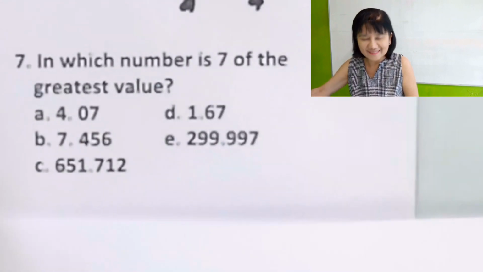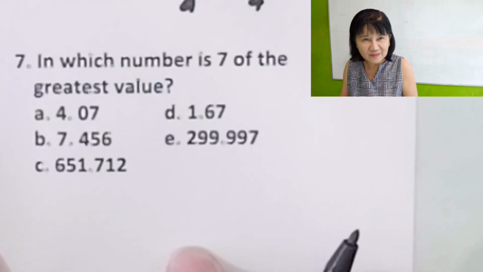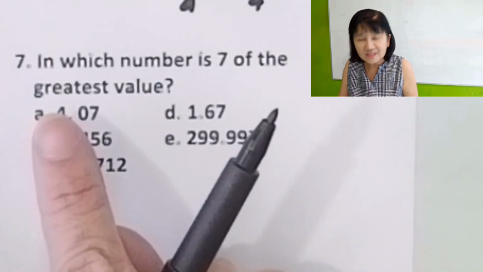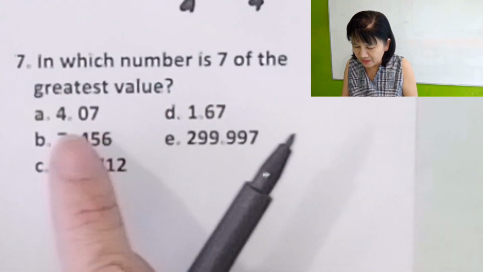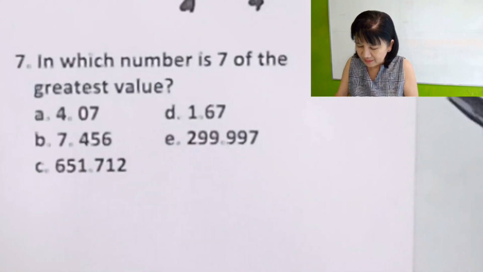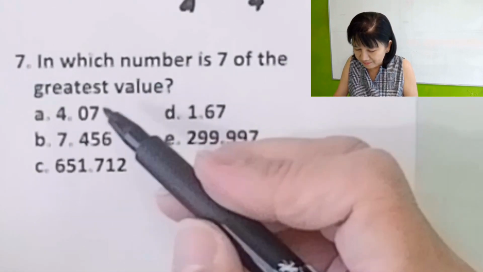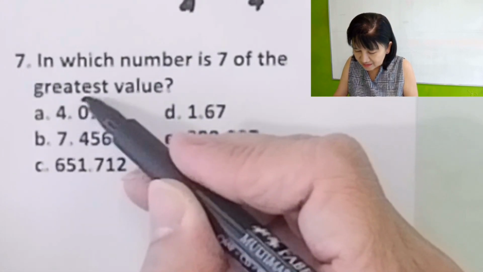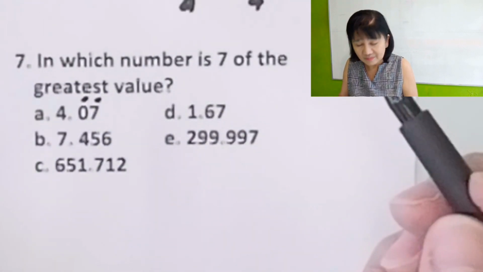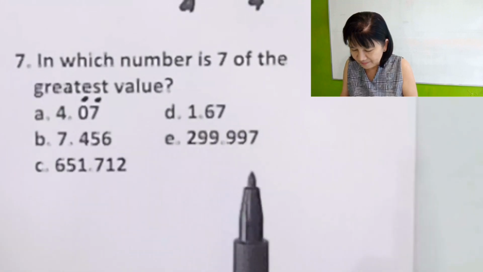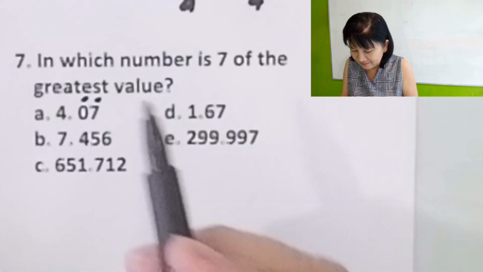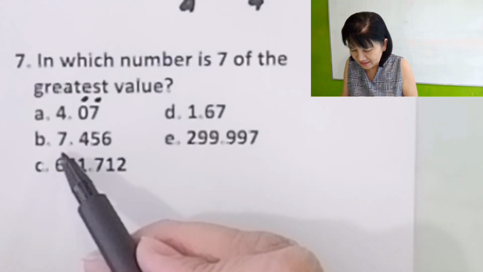Now let's proceed with problem number 7. Very basic problem. Basic mathematics, I mean. In which number is 7 of the greatest value? Okay, let's take a look at this one by one. This is tenths, this is hundredths. So, 7 hundredths. This is 7 ones.